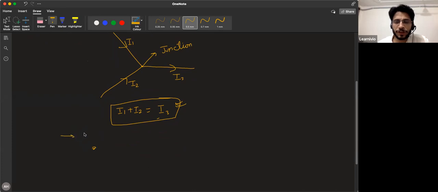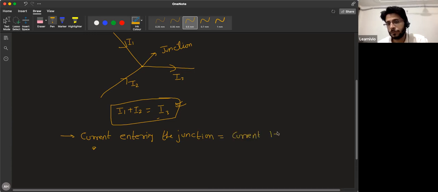So the first statement is: current entering the junction is equal to current leaving the junction.